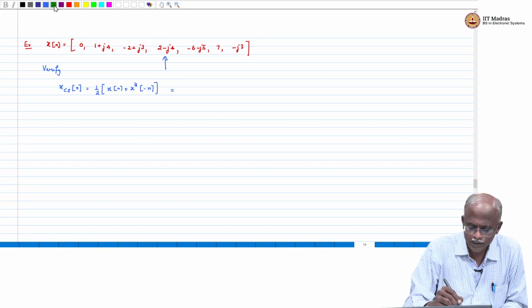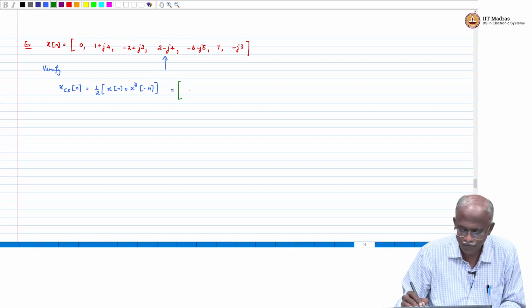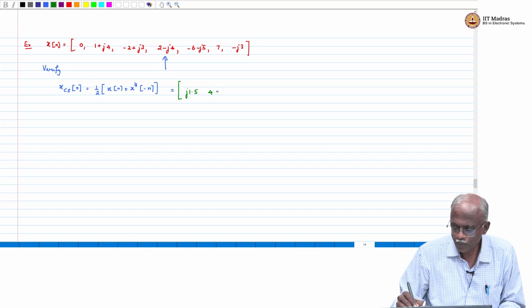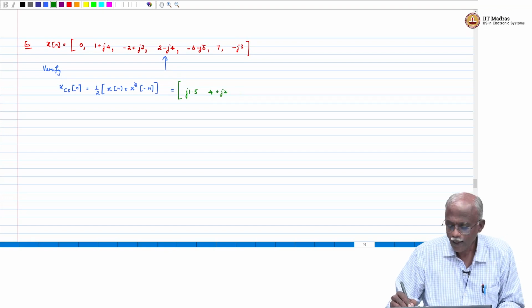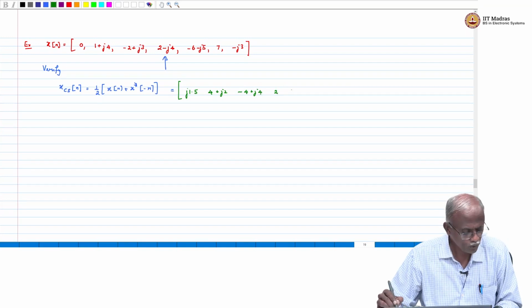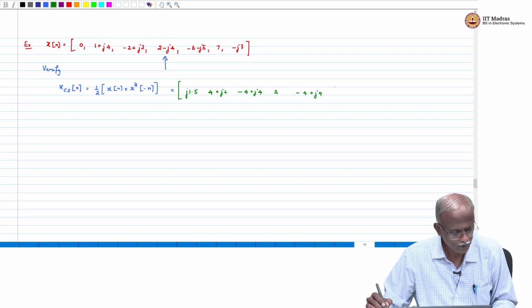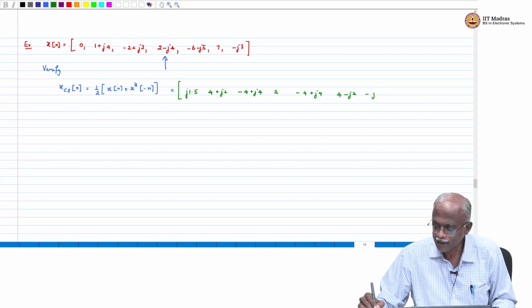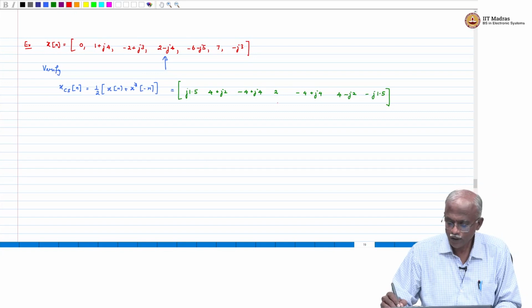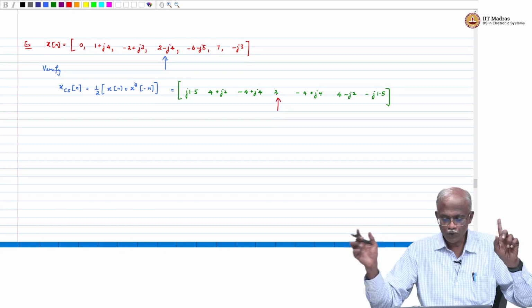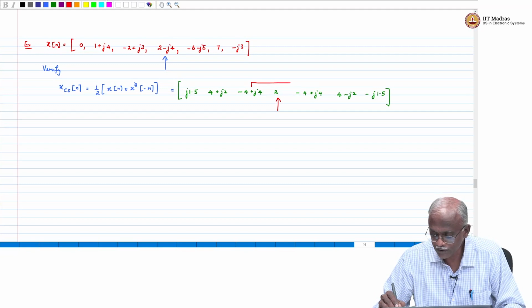Okay. This sequence will be equal to, please verify, j1.5, 4 plus j2, minus 4 plus j4, 2 minus j4, minus 4 minus j4, 4 minus j2, minus j1.5. Okay, this is the origin. Plus 1 and minus 1 are complex conjugates of each other.